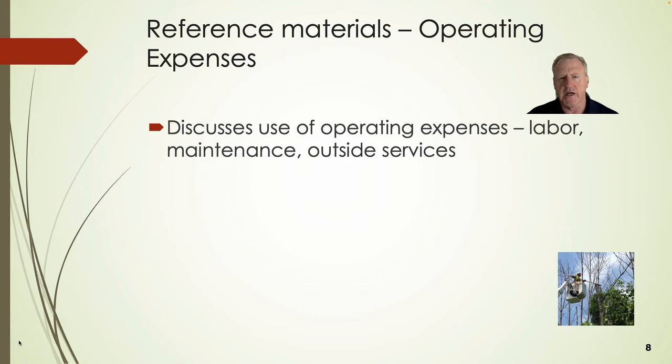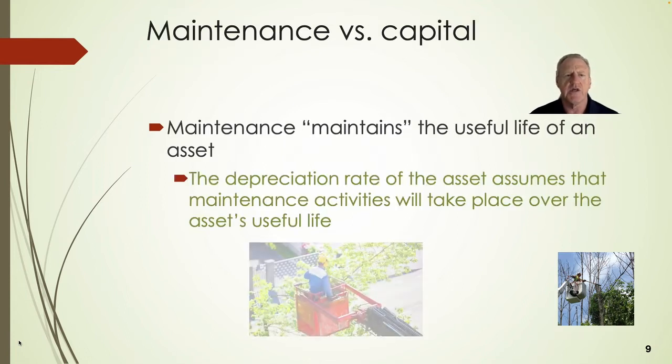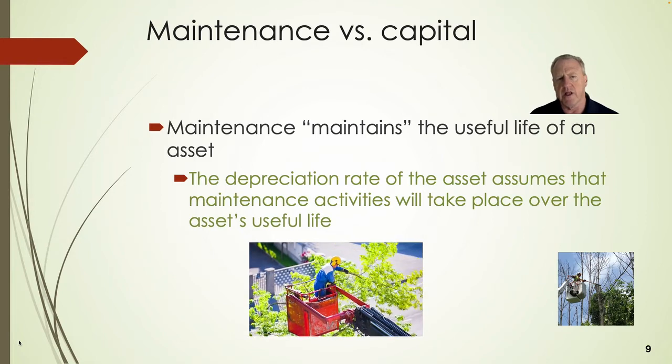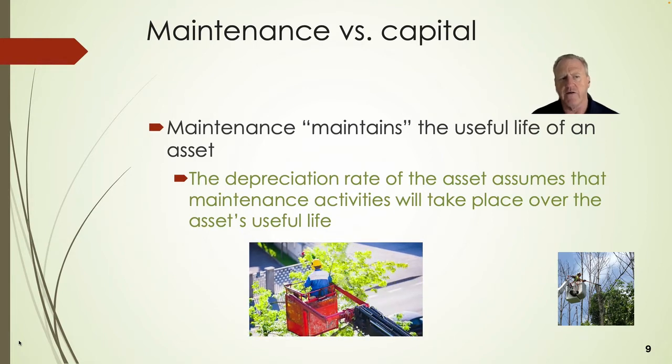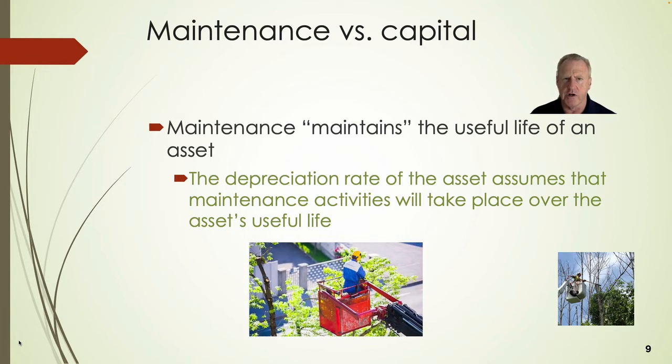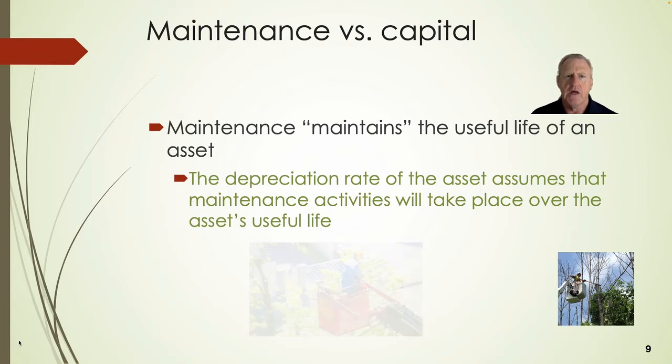Then they have a section on operating expenses that discusses the use of operating expenses, labor, maintenance, outside services. In this section and in the plant accounting section, it defines very well what maintenance is versus capital. It's a good understanding you should have of this, and the recording of it is an expense versus a capital item.